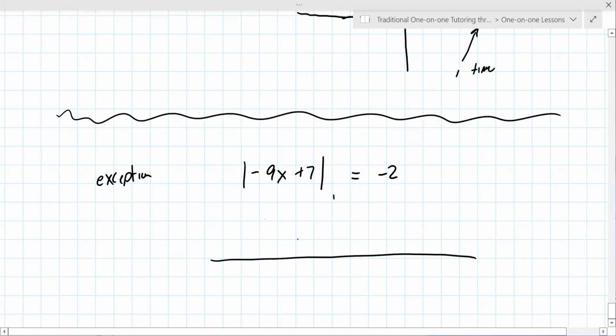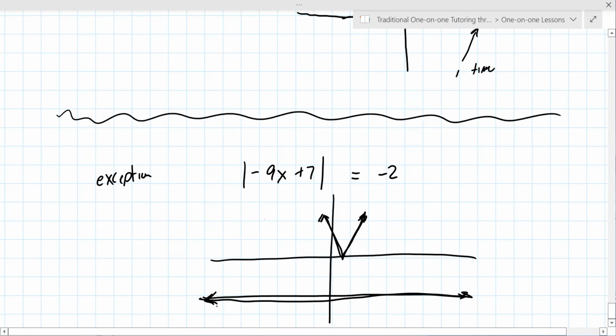Actually, I guess we can figure this out, but it's got some shape like this. This is the line -2. Do they ever intersect? Does this V ever hit this line down here? No. So this has no solution. And this is the graphical explanation of it.